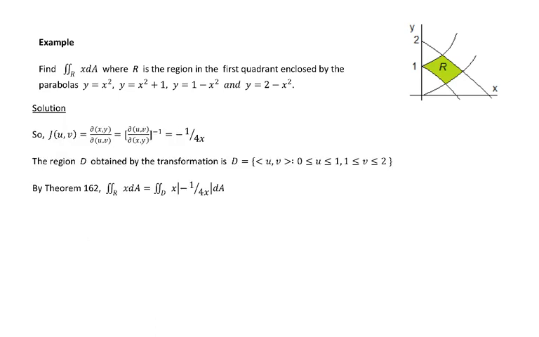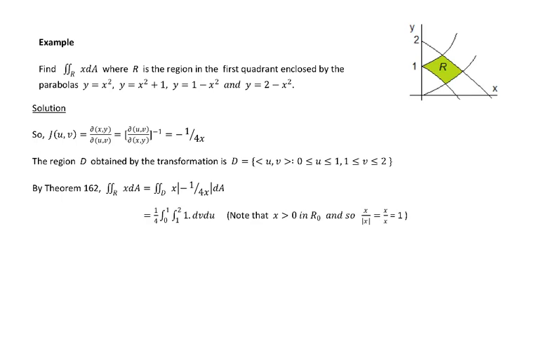We can now apply Theorem 162. So the double integral of x dA over R becomes the double integral over D of x times the absolute value of the Jacobian, which is negative 1 over 4x, dA.